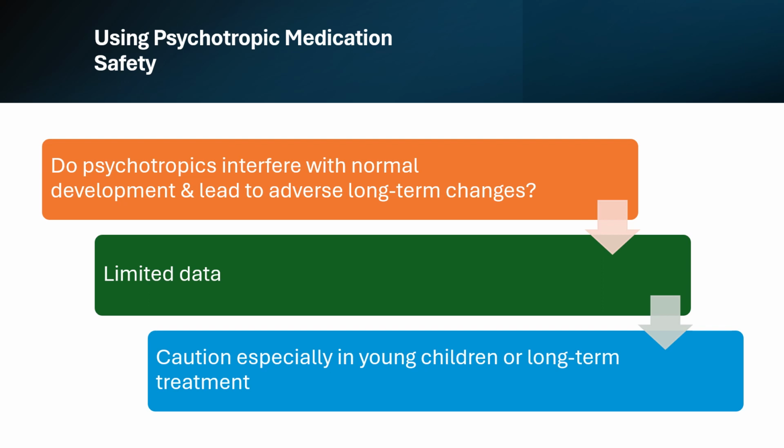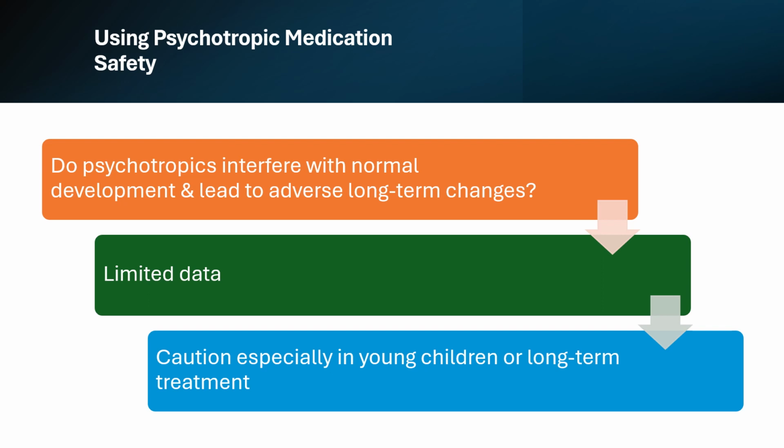In fact, a lot of people ask, do you even give psychiatric medication to children? This is a question that may come to your mind. Do psychotropic medications, that is psychiatric medications, interfere with normal development? Do they lead to long-term, lifelong side effects? Can they occur with these medications?